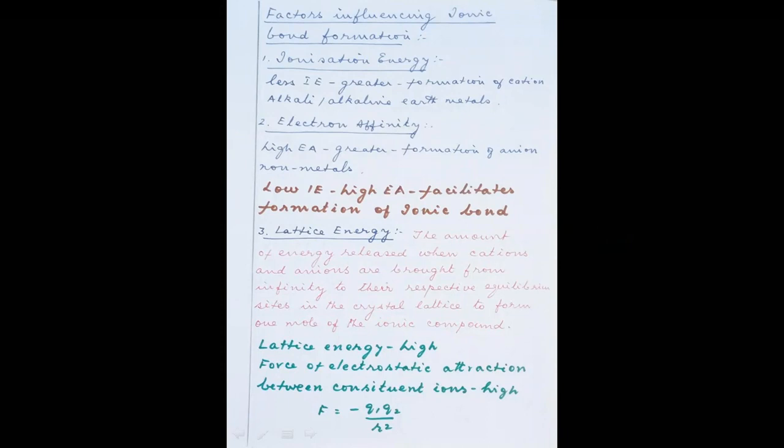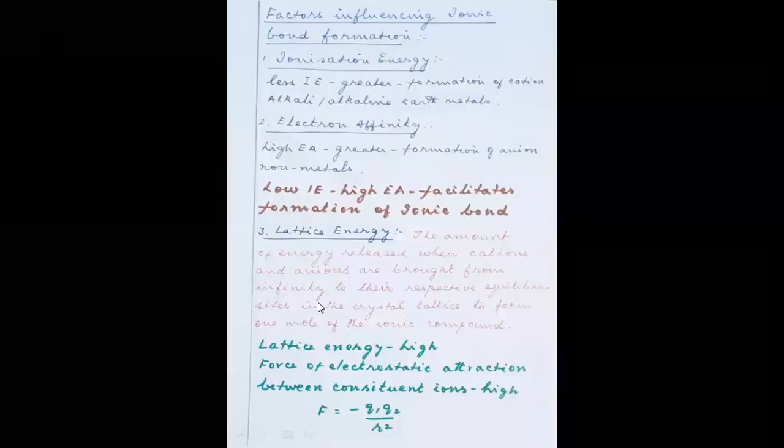So I want you to wait 1 minute. This lattice energy is the amount of energy released when cations and anions are brought from infinity to their respective equilibrium sites in the crystal lattice to form 1 mole of the ionic compound.